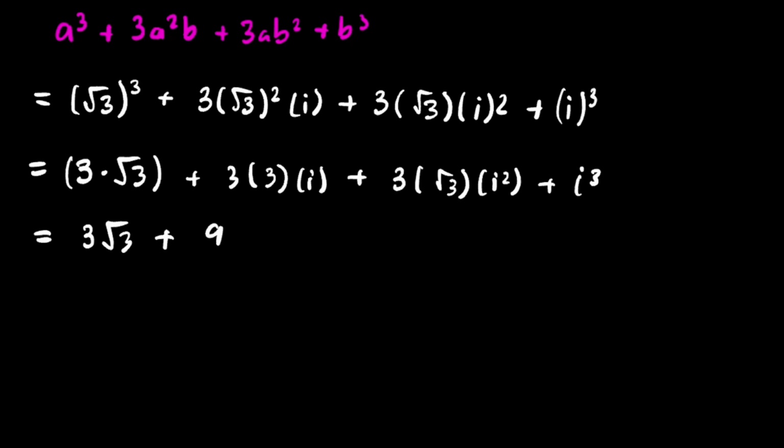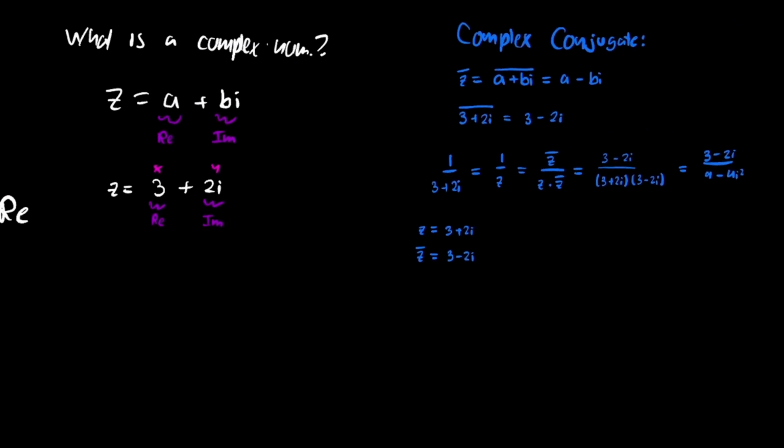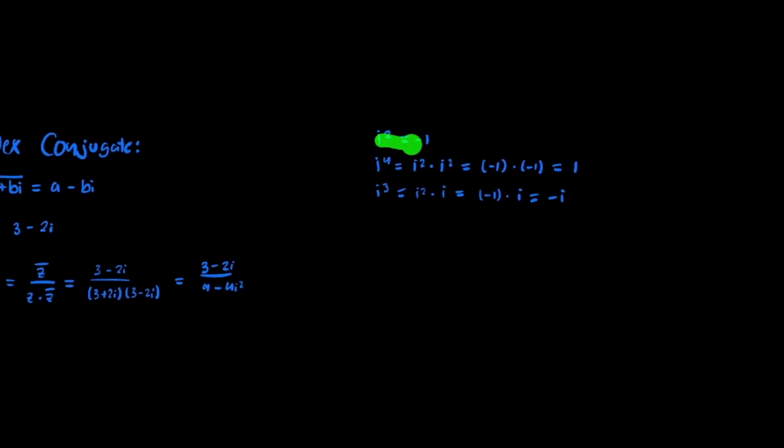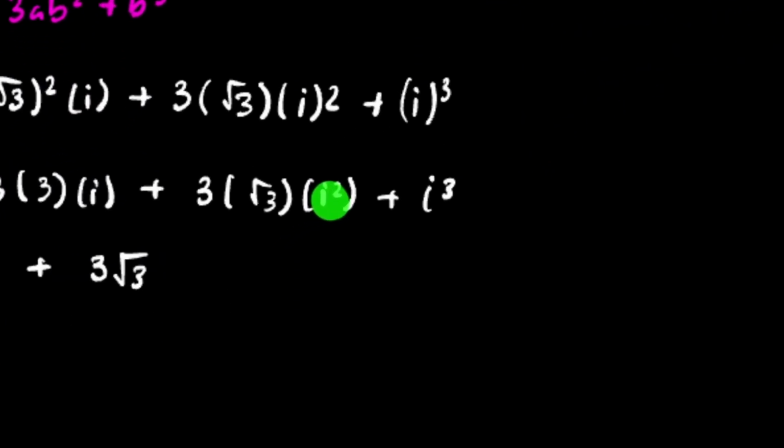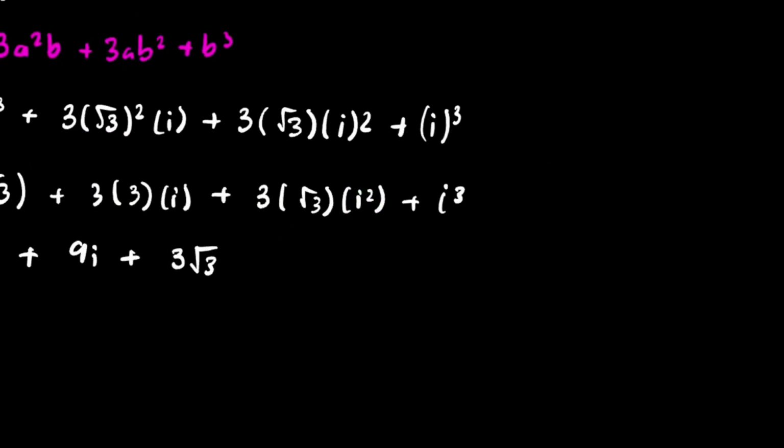We continue on calculating, and we have 9I plus 3, and we already said that I squared is basically minus 1, as we said over here, right? That means we're going to have times minus 1, so this is going to turn everything into minus. And then we have here I cubed, which is basically minus I. Why?